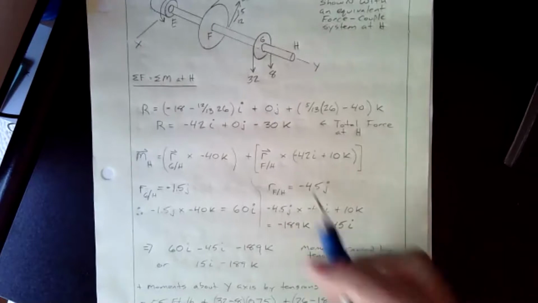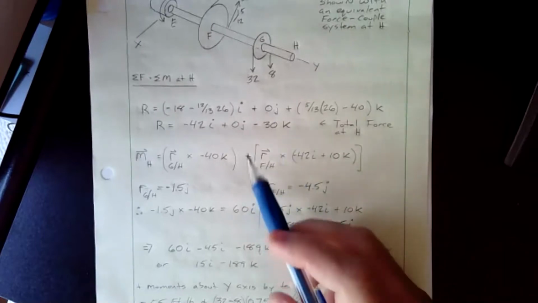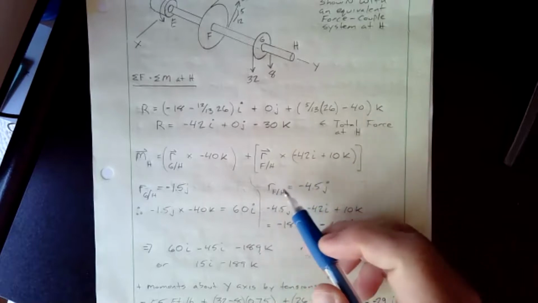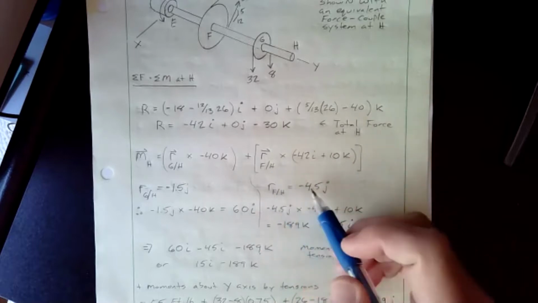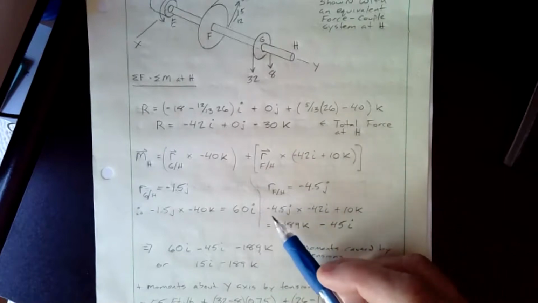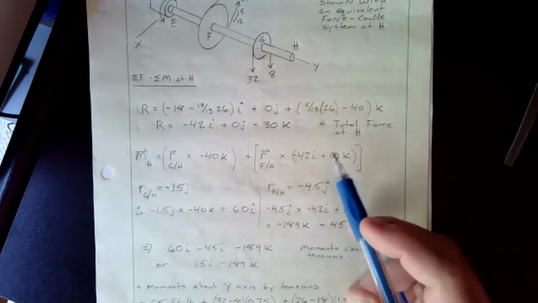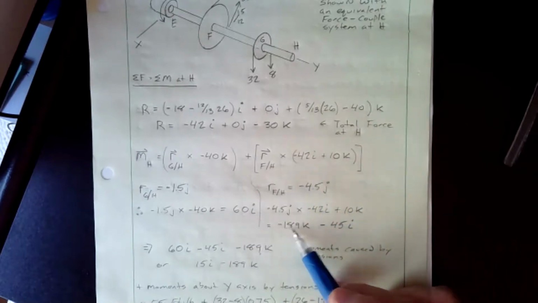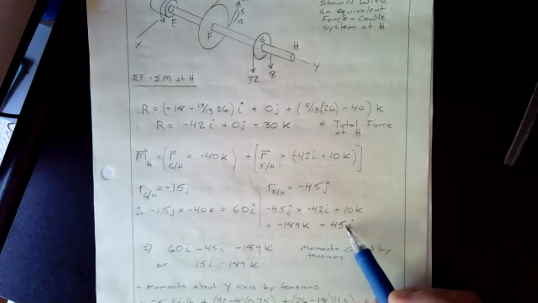So if we do this over here, this side and then this side, r F relative to H is negative 4.5J. If we do negative 4.5J crossed with negative 42I and 10K, we get negative 189K minus 45I.